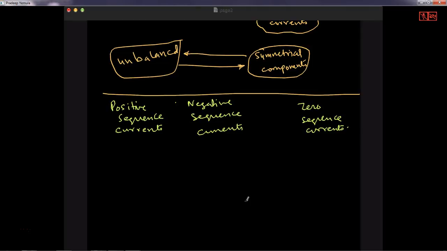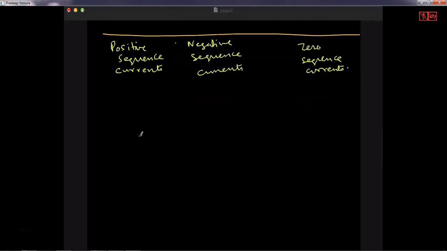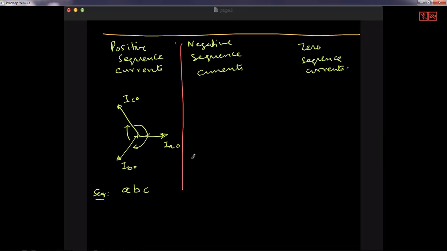So positive sequence currents are like this: IA1, IB1, IC1. So A will be leading B and B will be leading C. So this is positive sequence, and the sequence is A, B, C.